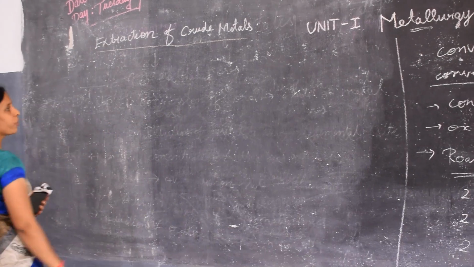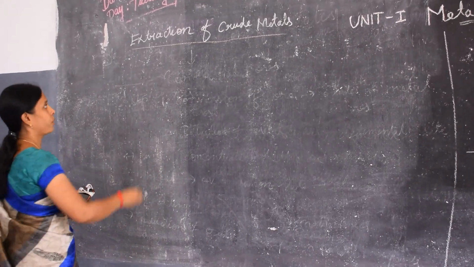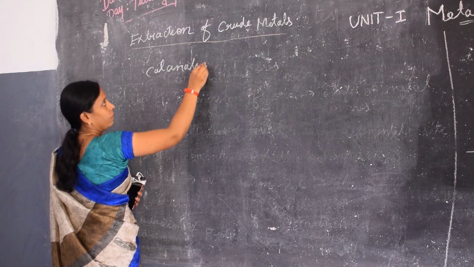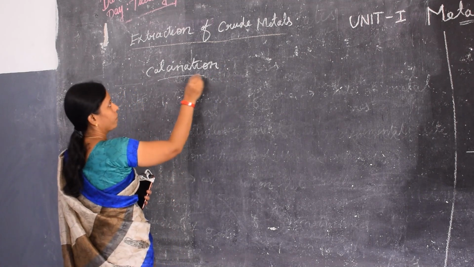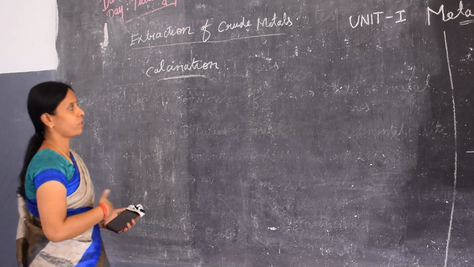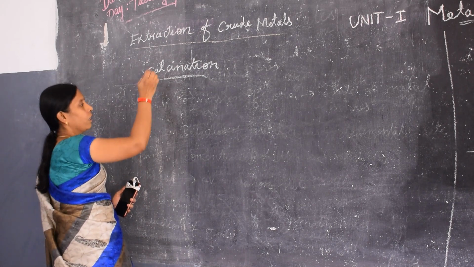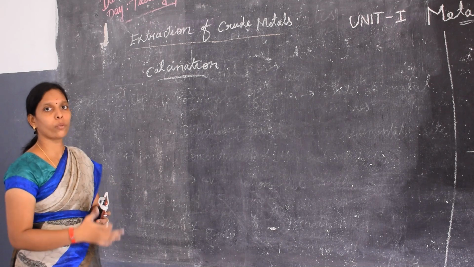Next one, the calcination process. The roasting process is over, and then the calcination process. Calcination process is where a concentrated ore is heated in the absence of air.